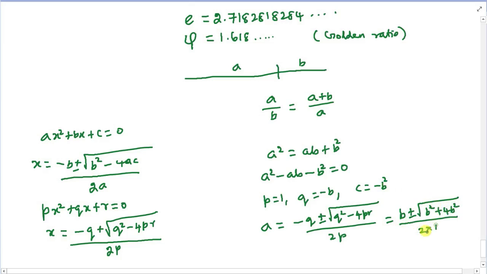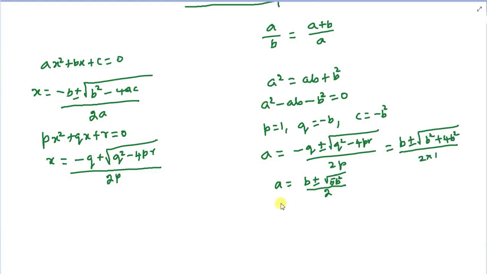So A is equal to B plus or minus root over B square plus 4B square, 5B square, so root over 5B square by 2. So A is equal to B plus or minus root 5 B by 2.